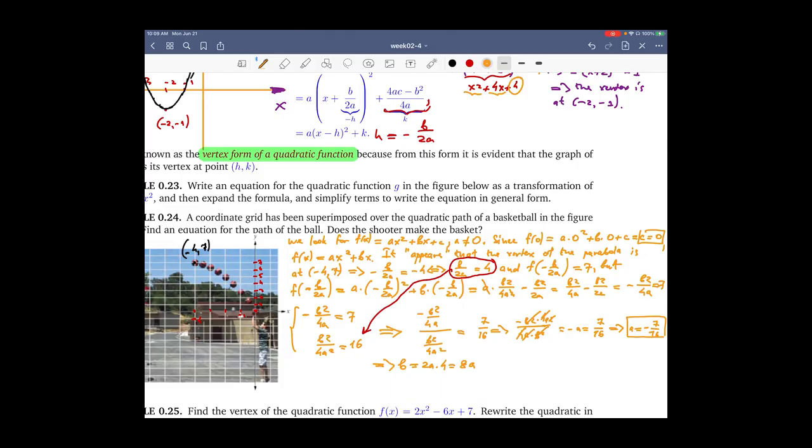And from this, we should be able to quickly find b, because this is just 8 times −7/16, which is, after cancellation by 8, −7/2. So that gives me b. b is −7/2.